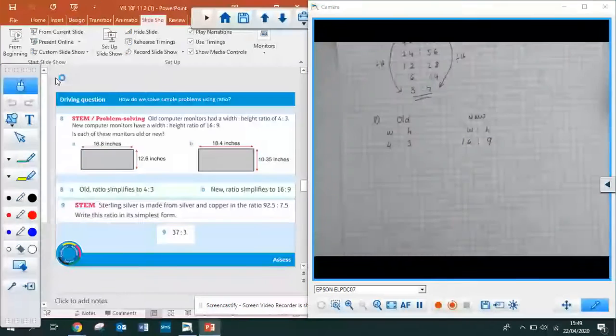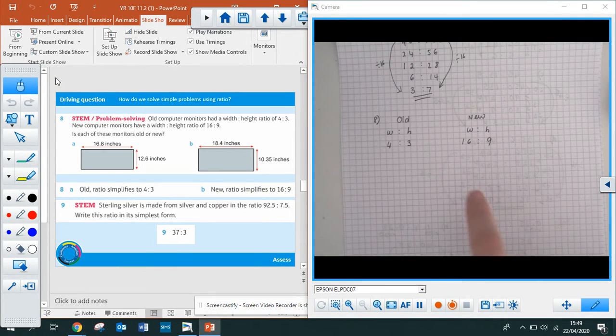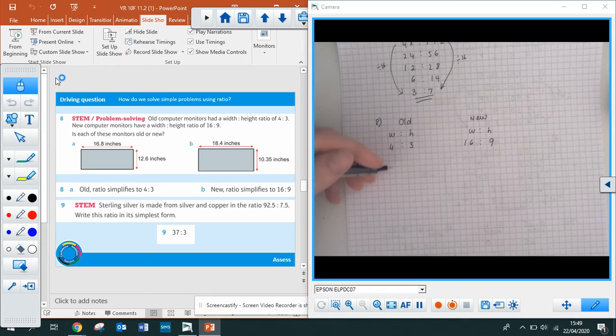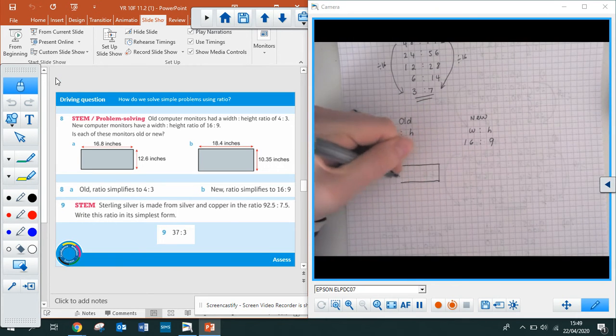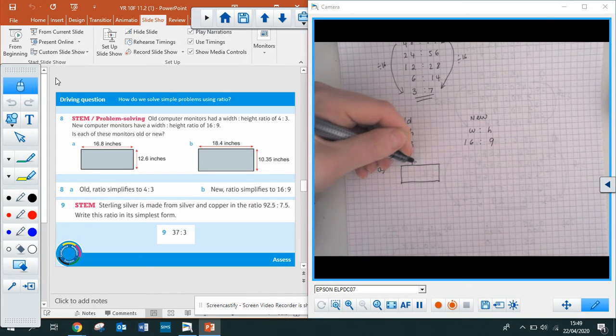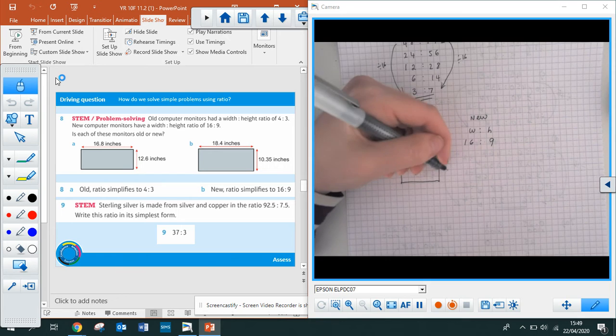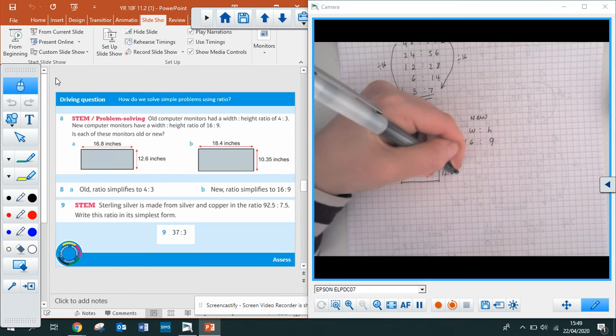So we have to apply the ratios we've been given to check if those computer screen inches are old or new. Okay, so let's start with part A. I'll just do a rough sketch. We've got 16.8 here, that's inches, and we've got 12.6 here.